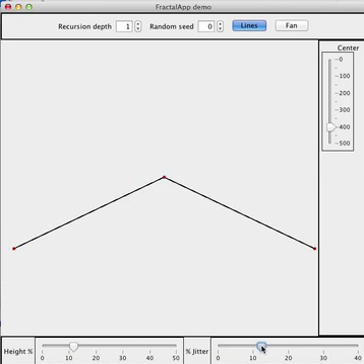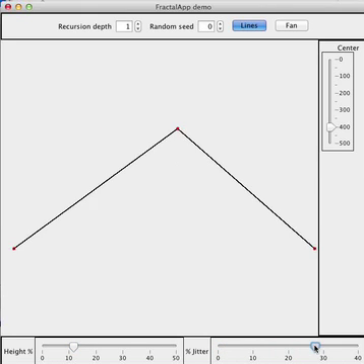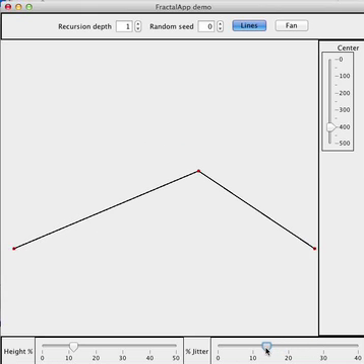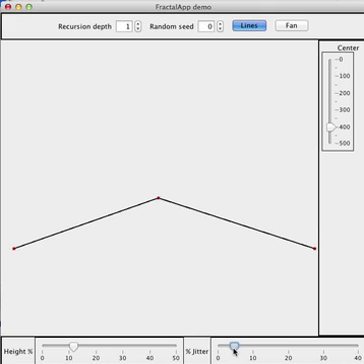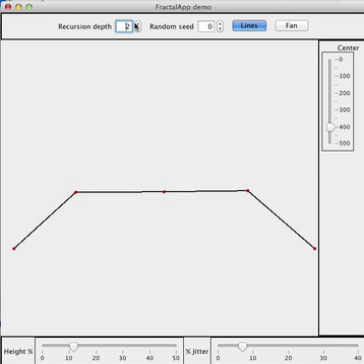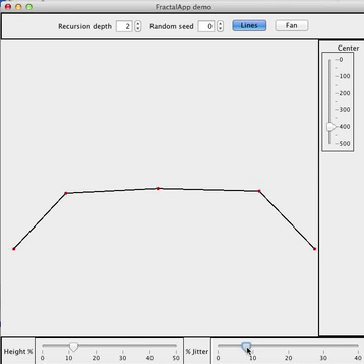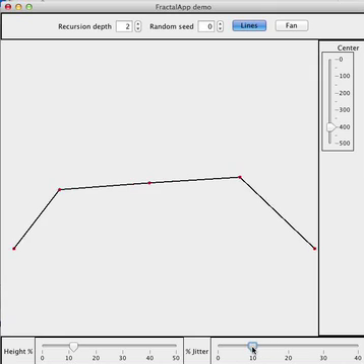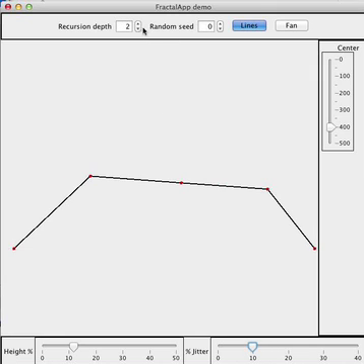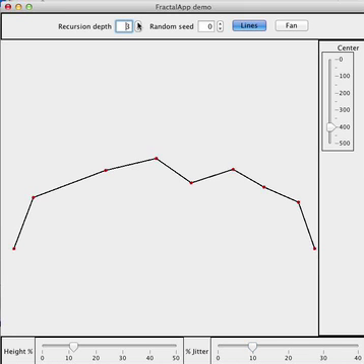So as we raise the jitter, that is how much of a variation we are going to allow, both the height and the position along the line that subdivides it gets varied semi-randomly, and that gives us more interesting patterns. So here we go to the next resolution, and all those points can vary both in how far they were from where they started and where they are along the line.